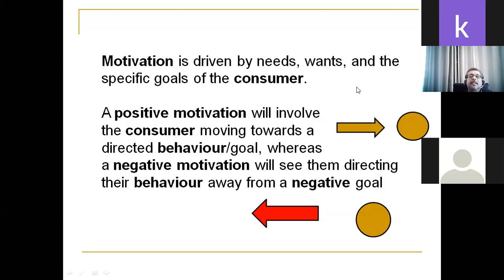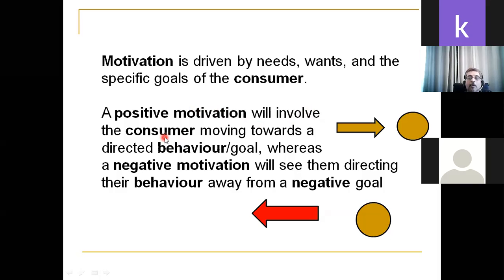It tells that a positive motivation will make the consumer move towards a directed behavior or goal.